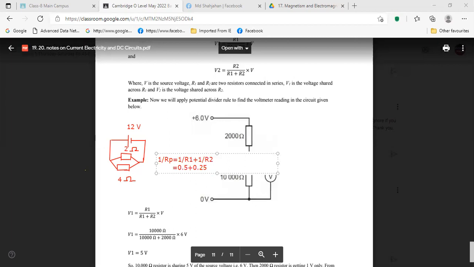Am I right? Yes, sir. Then it comes 0.75. Then RP will be equal to 1 by 0.75. Now what does it come to?